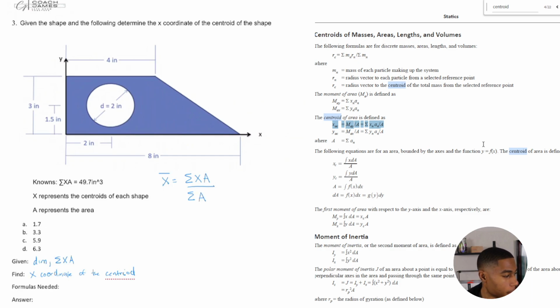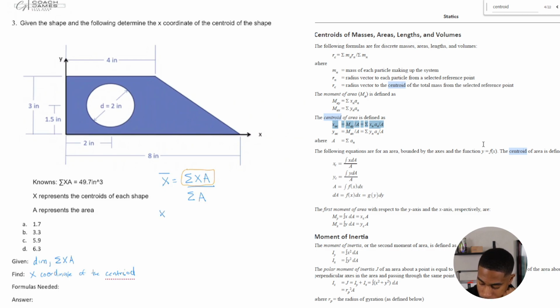All right. Okay. So now it's just a matter of taking what we're given, right? So they give us this value, right?